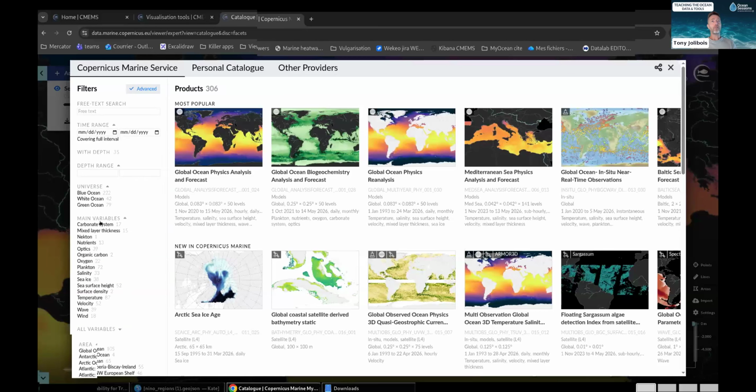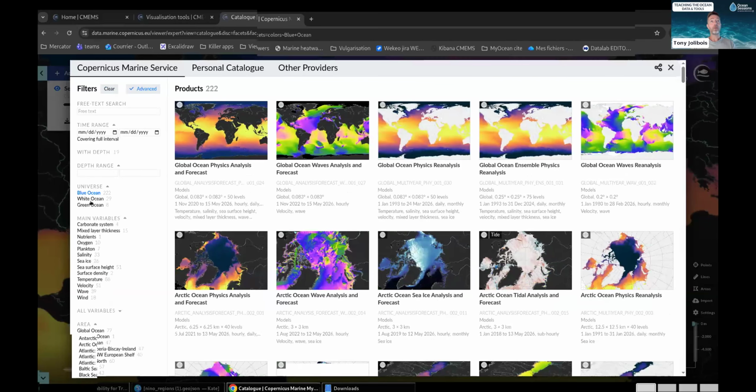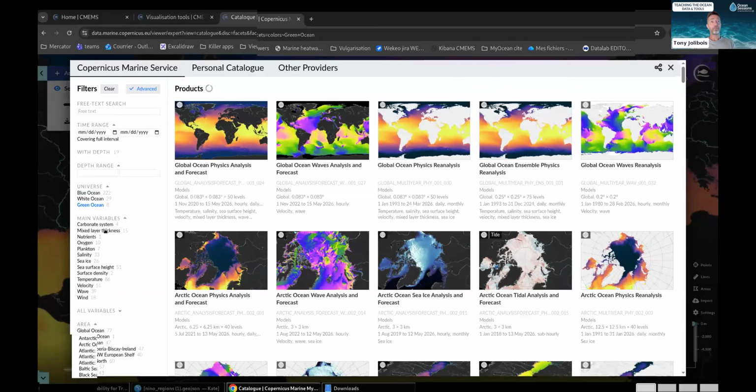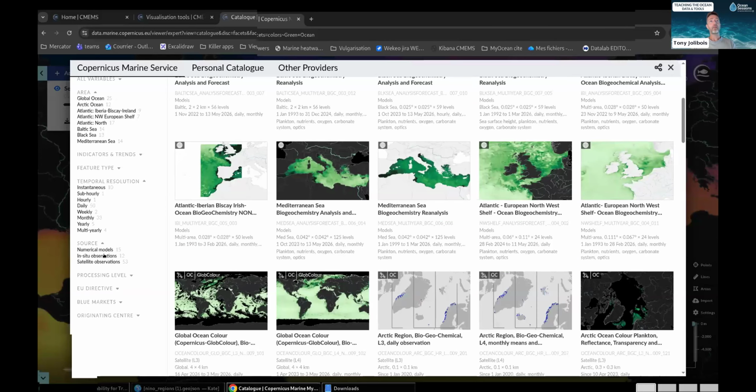So you can use some filters here to find your way around by selecting the data by universe, blue, white, green, by the main variable, by areas, and you also see here the source of the data. So all the Copernicus Marine data come from numerical models and observation, in situ observation and satellite observation.